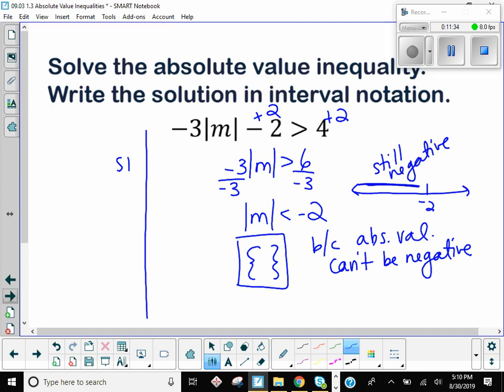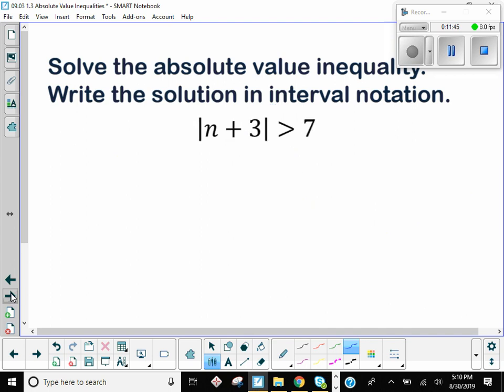All right, these last 2 examples will work a little bit differently from the first 2. But their setup is the same. So we still begin. The first step is isolating the absolute value in this problem. That's done already. Second step is to make your positive version and your negative version.